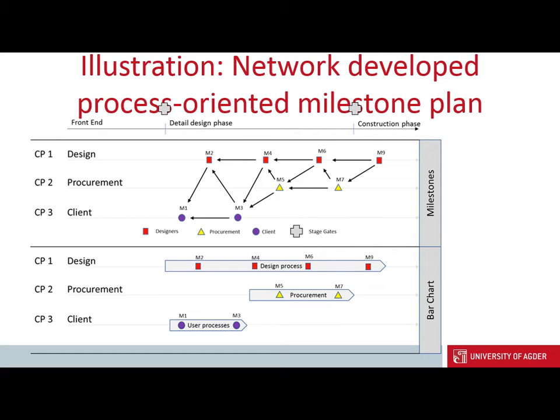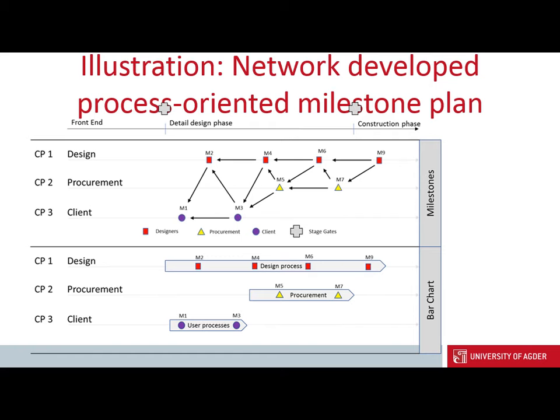In this network diagram, if we start with construction, before you start construction you need to have work documentation, drawings, etc., the 3D BIM model from design. And design also needs to deliver to procurement, so procurement can deliver material to the production process. And we can take this backwards in several steps, which also include the client and user processes.